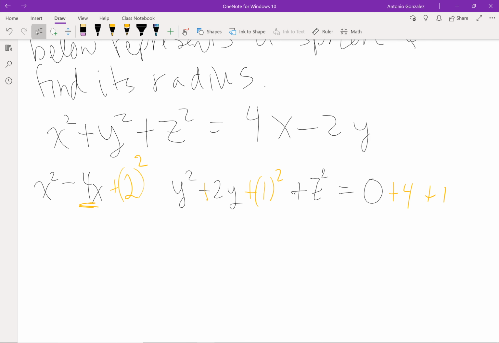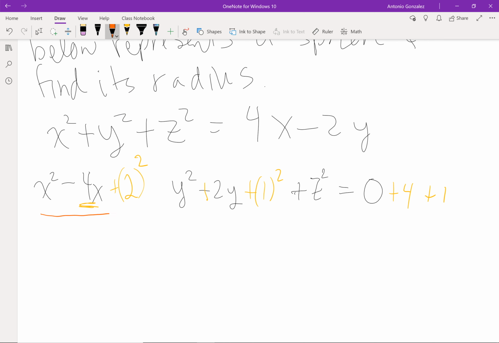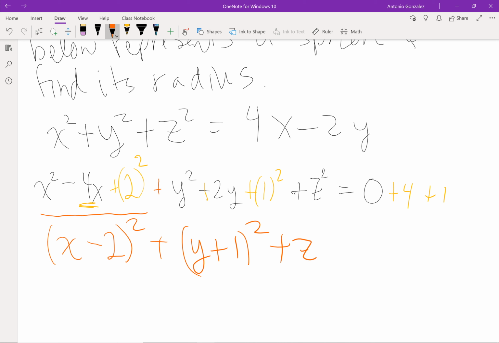Okay, so now we have this, and now I'm going to factor this. And this turns out to factor into, now we use the minus, x minus 2 squared plus y plus 1 squared plus z squared is equal to 5.